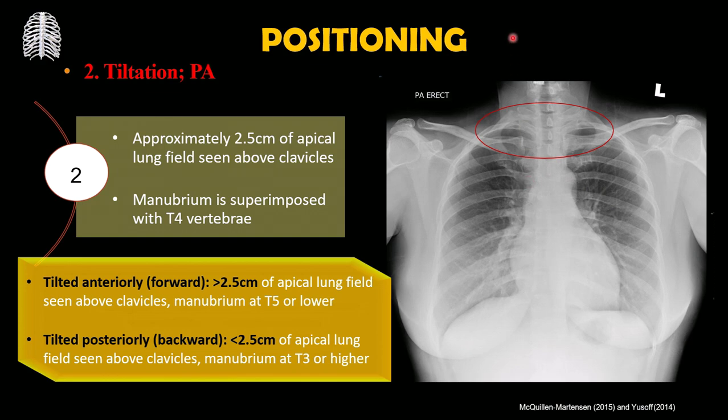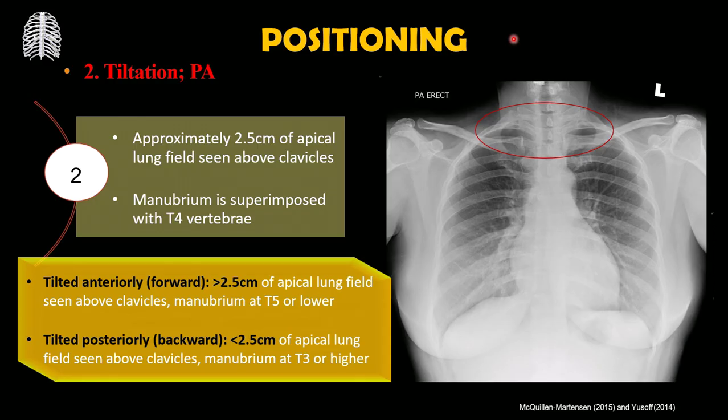If the MCP is parallel to the IR, approximately 2.5 cm of the apical lung field will be seen above the clavicle. The manubrium will appear superimposed with T4 vertebra, and the lung and heart will be shown without foreshortening.